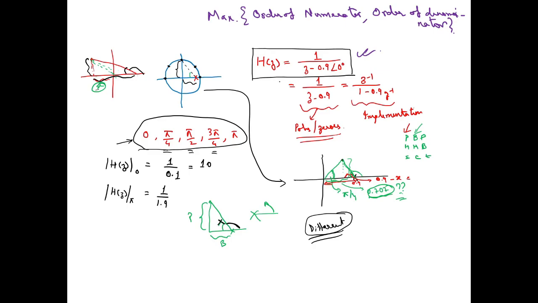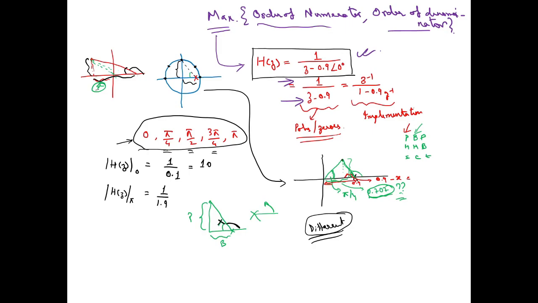So we need to look into the order of the numerator and the denominator, and based on that, the maximum of whatever we get, that maximum value would be said to be the order of this filter or system.